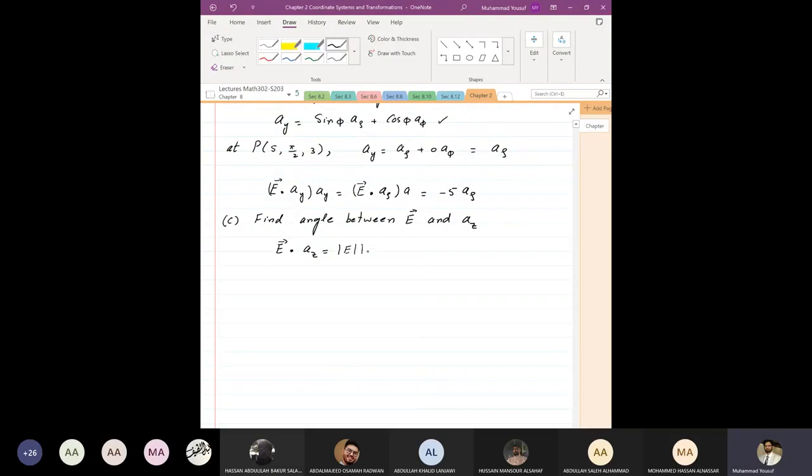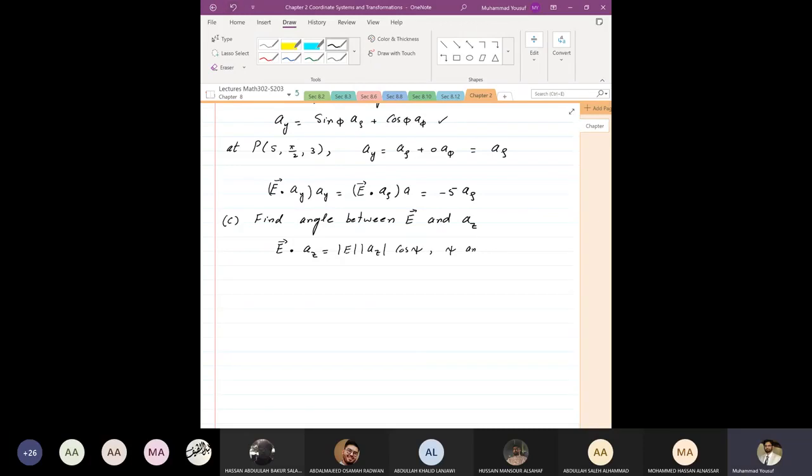Magnitude of E, magnitude of AZ, cosine of the angle, and the book is calling it theta EZ. So not theta, not phi, let us call this psi.